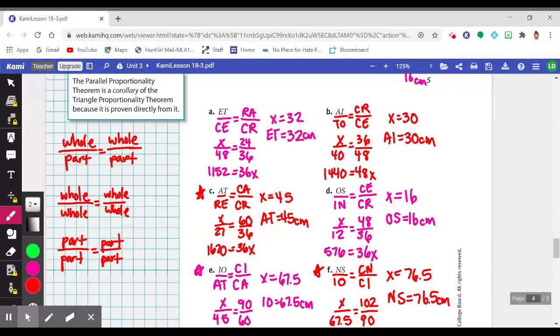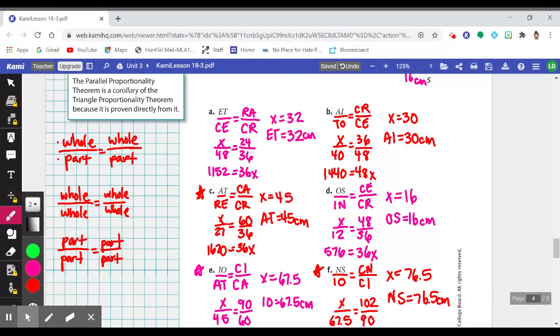It's very important when writing a proportion that there is a link between your ratios. So notice on the first proportion, I can compare a whole side of a triangle to a part of a triangle.